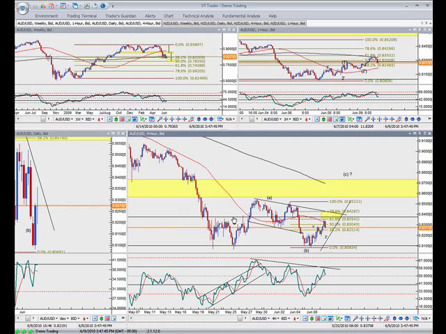You see this previous resistance here at 0.83, a little bit above 0.8350, is being respected at the moment, but it's really hard to predict the form of this correction. You just have to wait until it resolves.